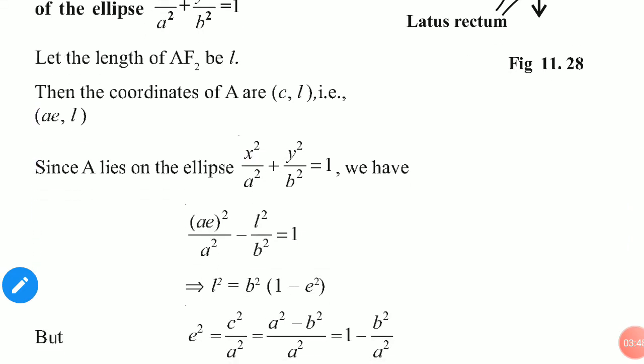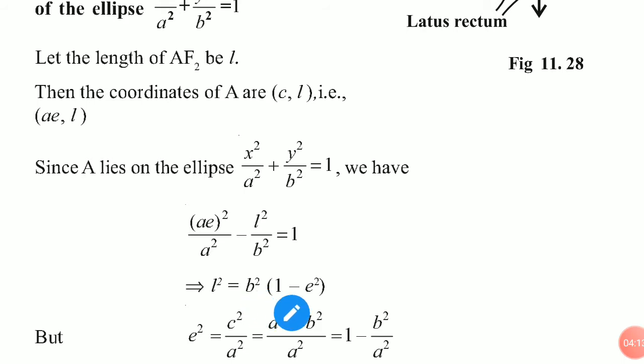So x is AE and y is L. In place of x you write A square E square upon A square, plus L square upon B square, that is equal to 1. Now you have to find the distance L, so you solve for L square.